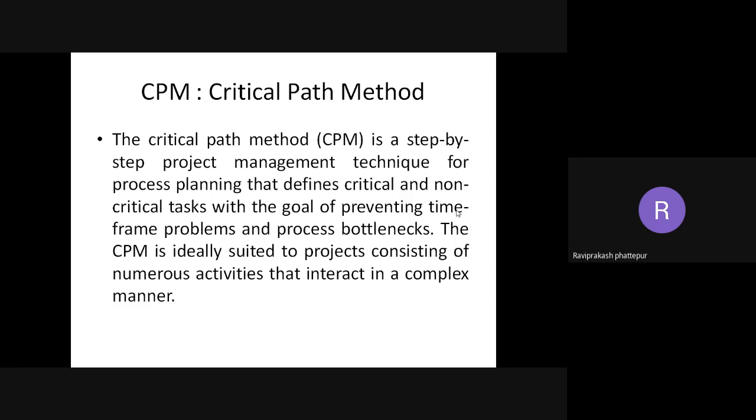The amount and the specification technicalities. Whether you can handle those particular technicalities and reduce the amount as much as possible, that's why tenders are called. Plus you need to finish that particular project in the specified time duration. So it defines critical and non-critical tasks with the goal of preventing time frame problems and process bottlenecks.